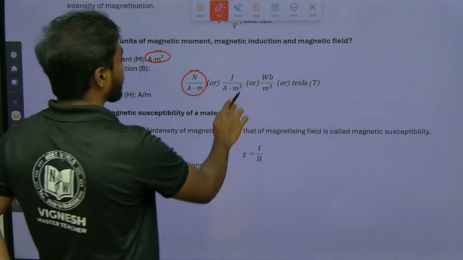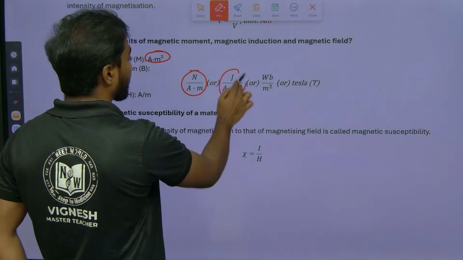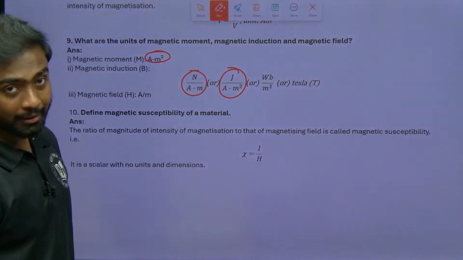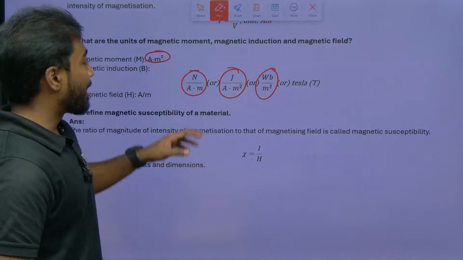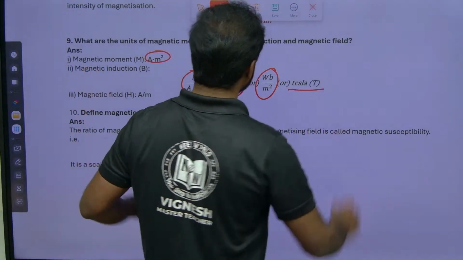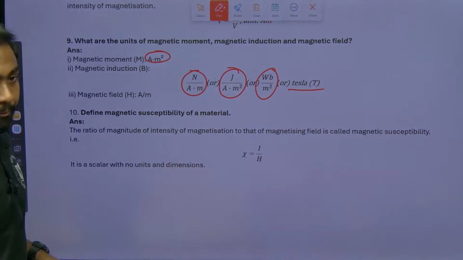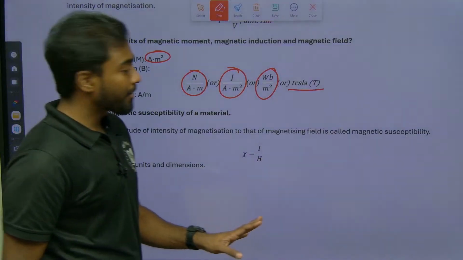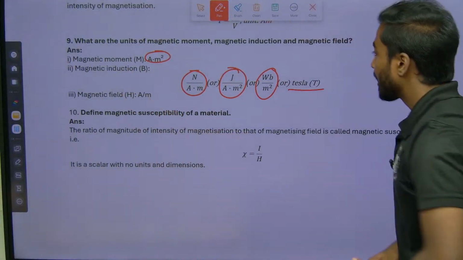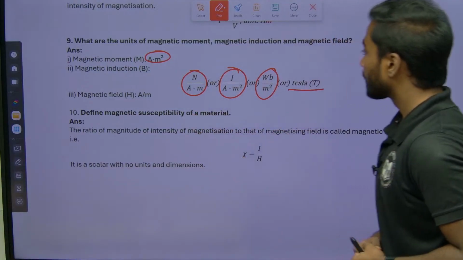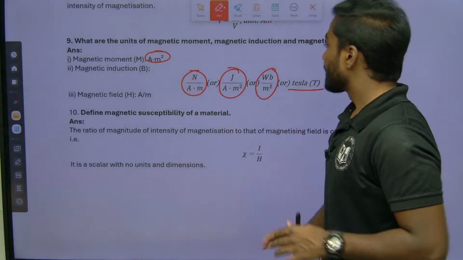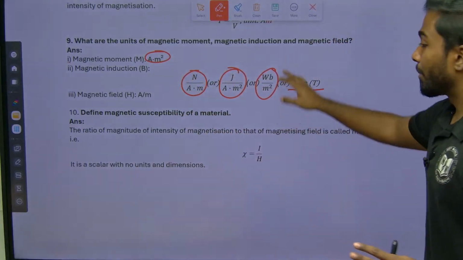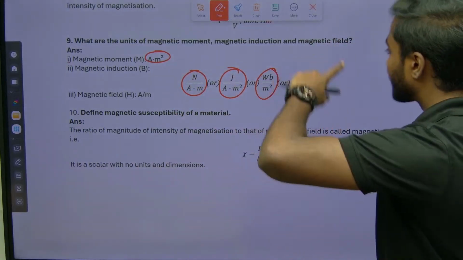Or else we can say in terms of joules, joules per ampere meter square; in terms of Weber, Weber per meter square; and in terms of Tesla, it is 1 Tesla. So magnetic induction is Newton per ampere meter, joules per ampere meter square, Weber per meter square, and then Tesla.